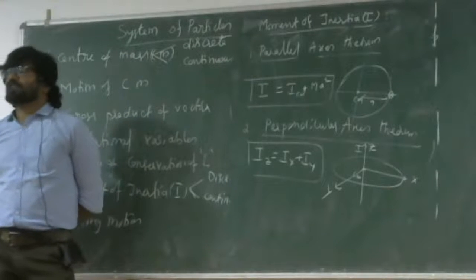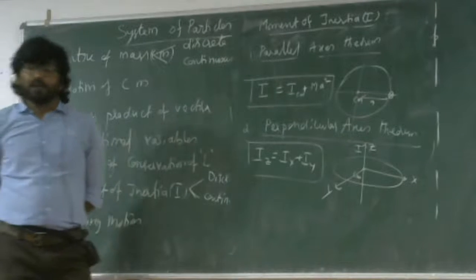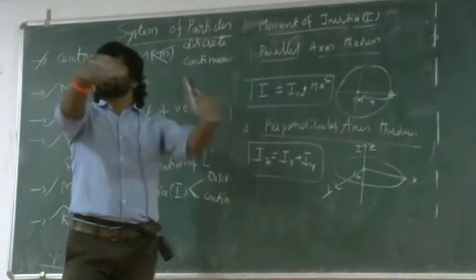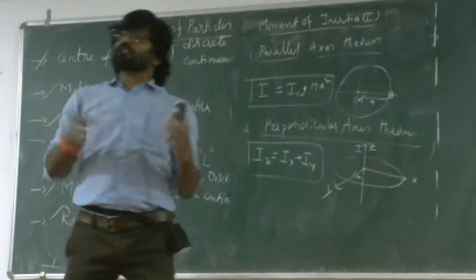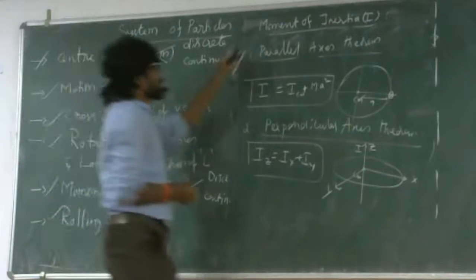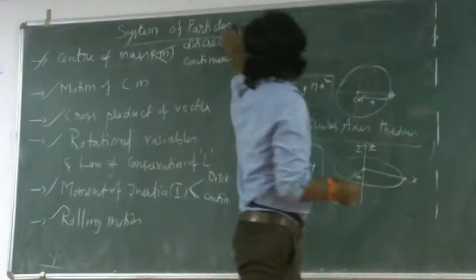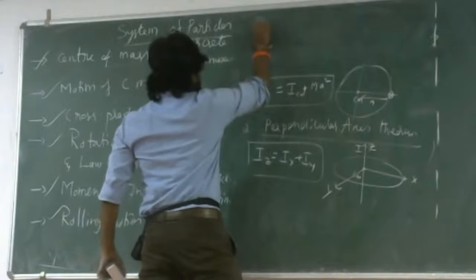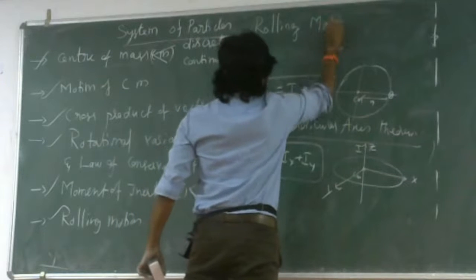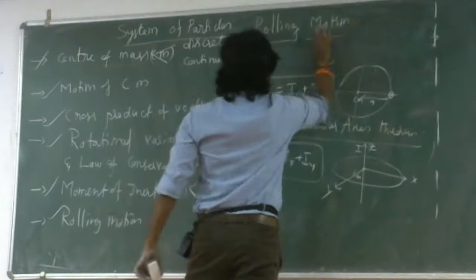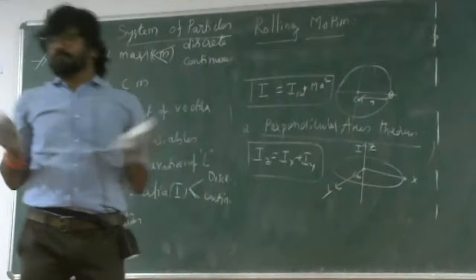Rolling motion. We come across some different cases. In general, rolling motion is termed as the sum of translational motion plus rotational motion. So you can write the heading rolling motion, or simply rolling.